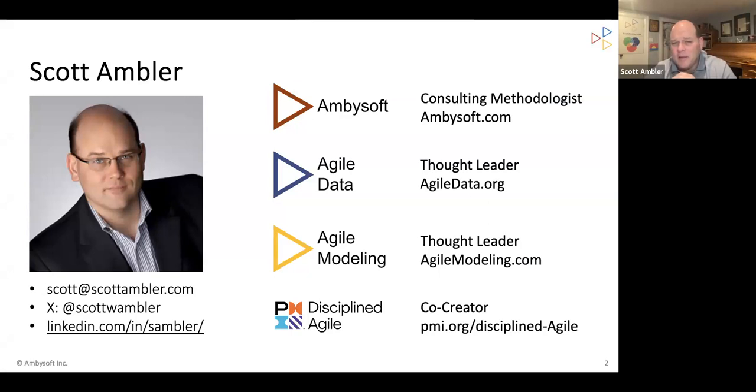I am a consulting methodologist and Agile data strategist with Ambysoft, my company based in Toronto. I'm the thought leader behind the Agile data and Agile modeling methods from about 20 years ago now, but they're still very solid. In particular, the Agile data material is absolutely critical for your success at AI, from the looks of it. So this is very good for me.